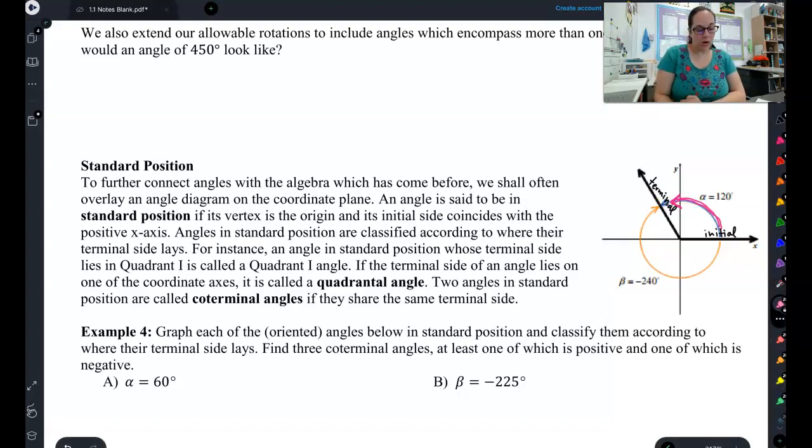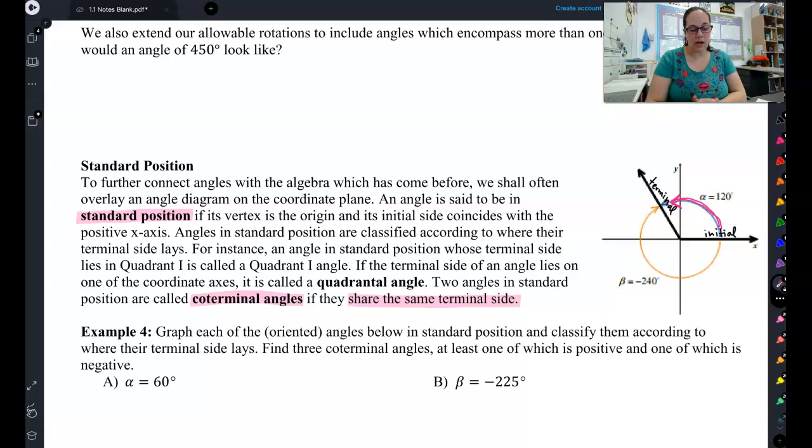Those are what we call coterminal angles. They share the same terminal side. And we'll talk about those more as we go throughout this lesson. For now, just understand that if an angle is in standard position, its vertex is at the origin, the initial side is on the positive x, and the terminal side can be wherever. It's whatever measurement the angle is.